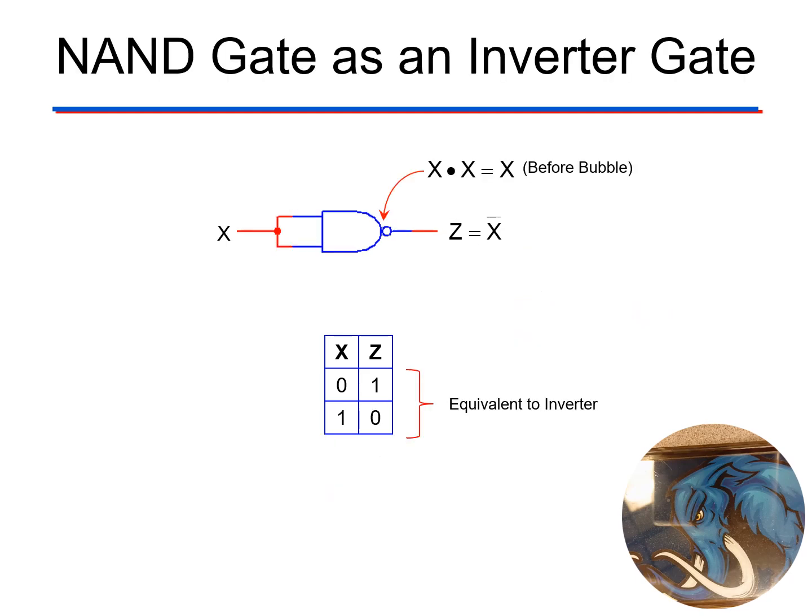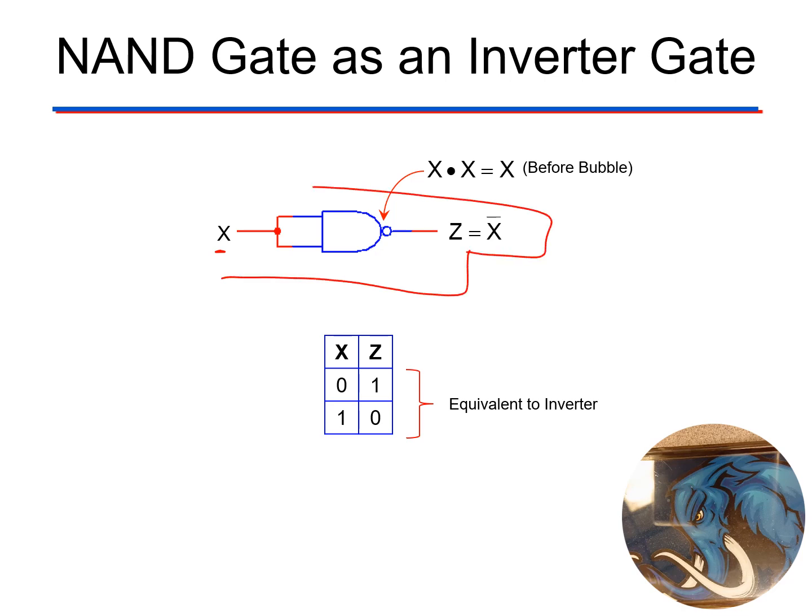Okay, so this is an equivalent to an inverter. When you have one input that is going into both inputs of your NAND, that just inverts it. So this is what you're going to draw in your notebook.